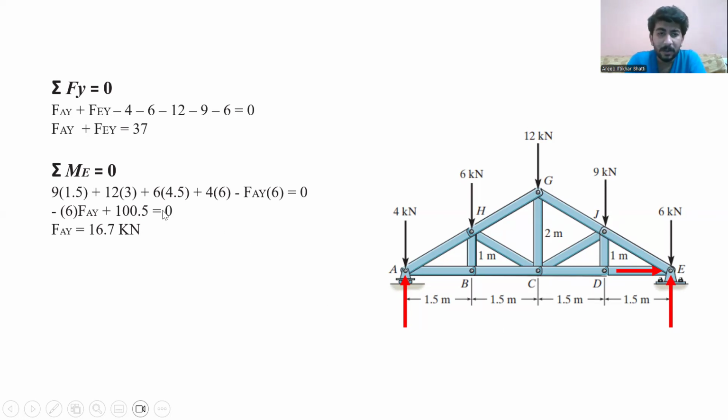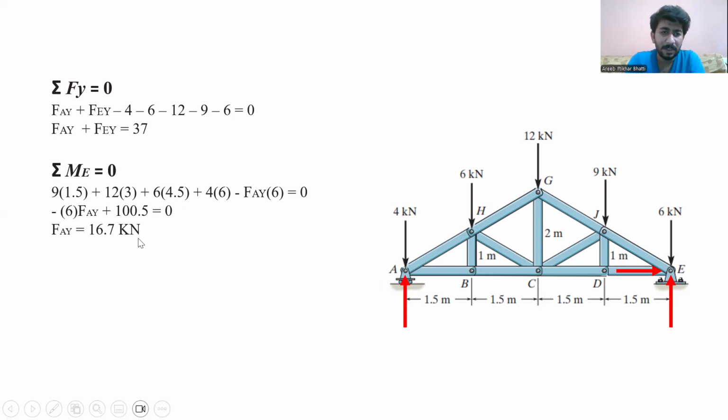And we have a 6 kilonewton force, and it has a perpendicular distance of about 4.5 meters. And last we have a 4 kilonewton force that is acting at point A, and it has a vertical distance of about 6 meters. And we have another force which is Fay, and it also has a vertical distance of 6 meters. But you are seeing that this force is moving in clockwise direction with respect to point E, so we take this force negative.